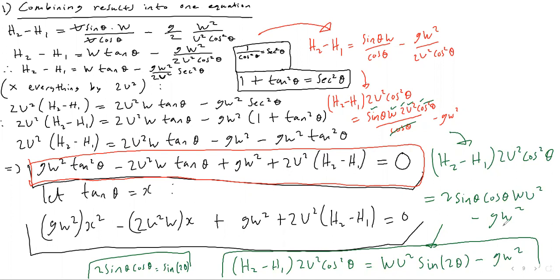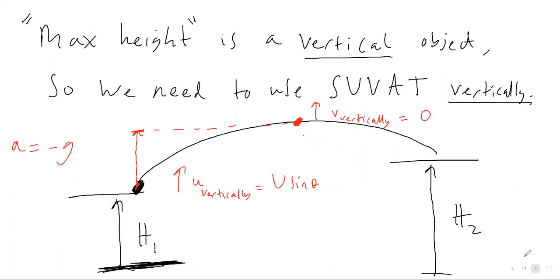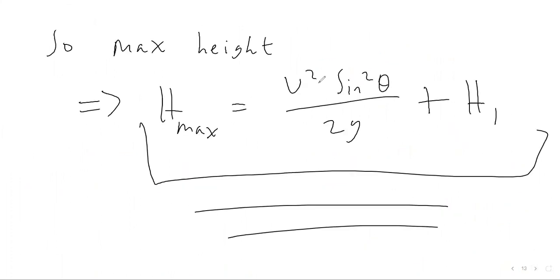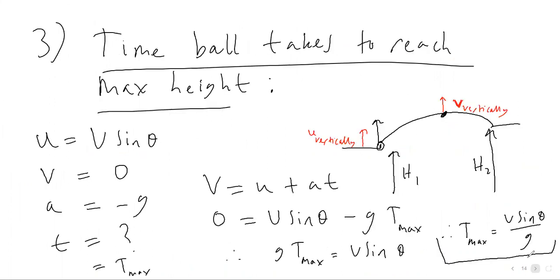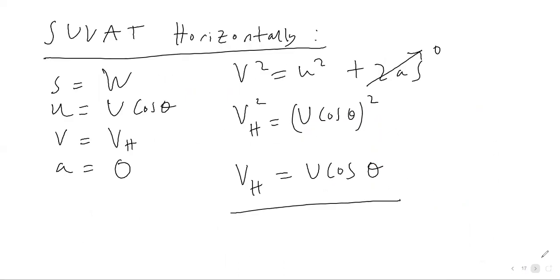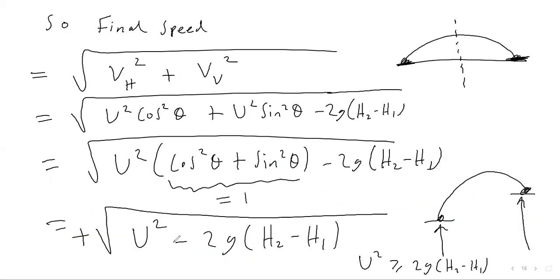But these equations here, if you really want to, you can learn, for example, the maximum height. So the maximum height above the ground is u squared sine squared theta over 2g plus your initial height. Or you could learn this one as well. So the time it takes to get to your maximum height is u sine theta over g. The final speed of a projectile, you can learn this one as well.